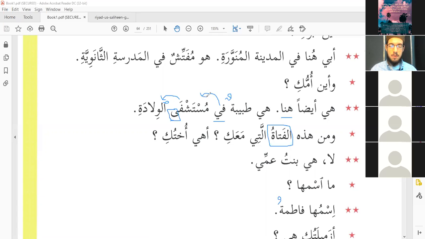But the big thing, if you're wondering what's the relationship between these two words, you have to look at this one has no alif lam and no tanween, and this one has alif lam, which is a dead giveaway that it can't be sifa mawsuf. Sifa mawsuf, we said it has to agree in 4 things.